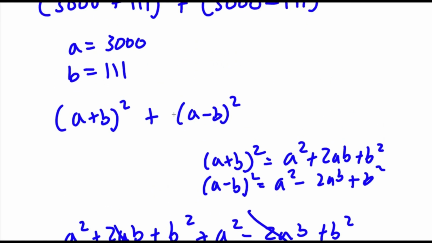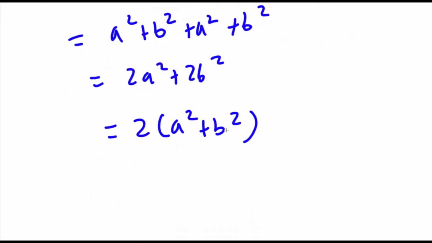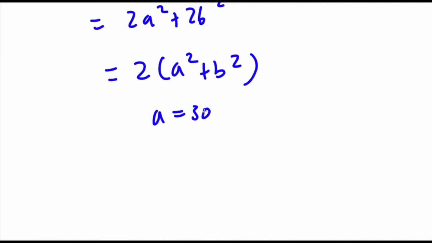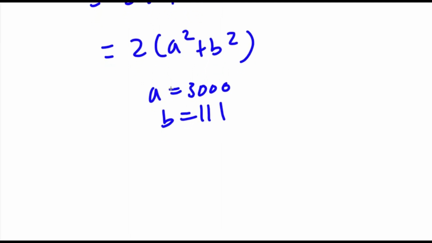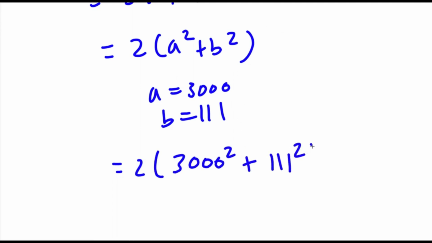Now remember how we set A equal to 3,000 and B equal to 111. So now if I substitute these values back in, I get 2 times (A squared, so 3,000 squared, plus B squared, so 111 squared).